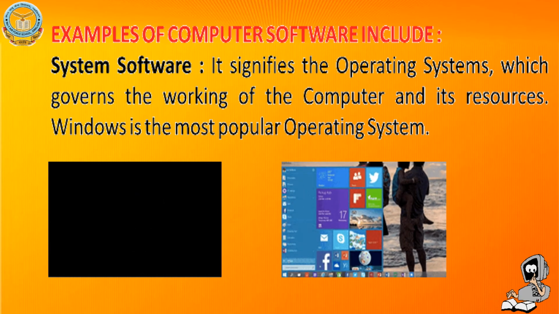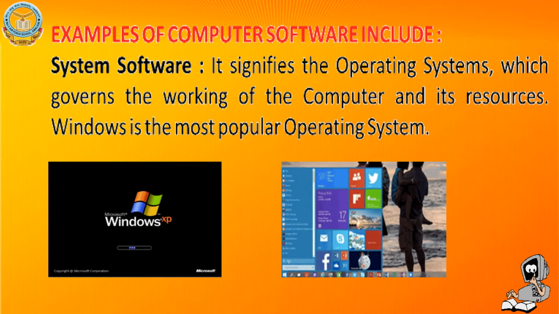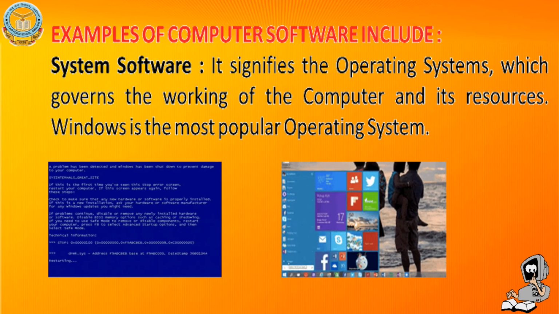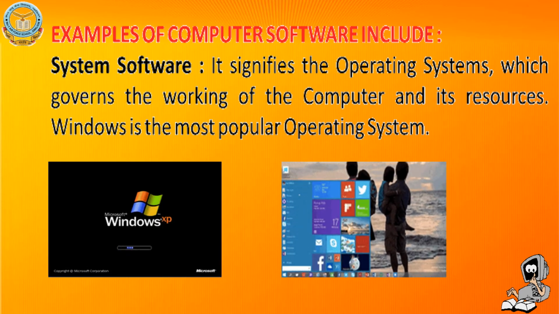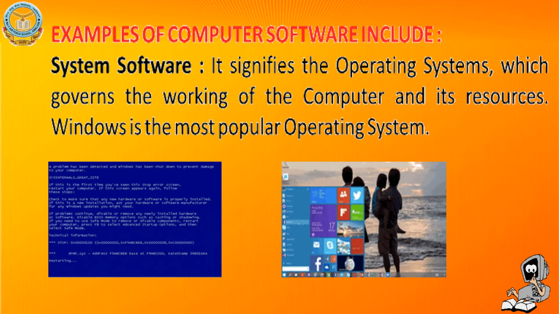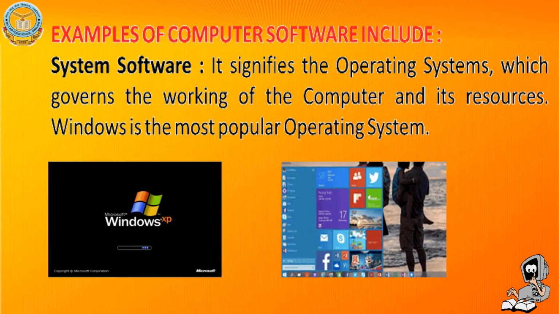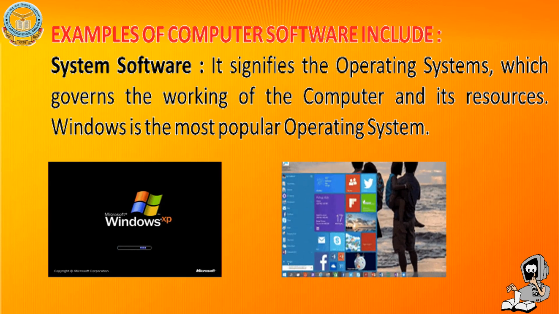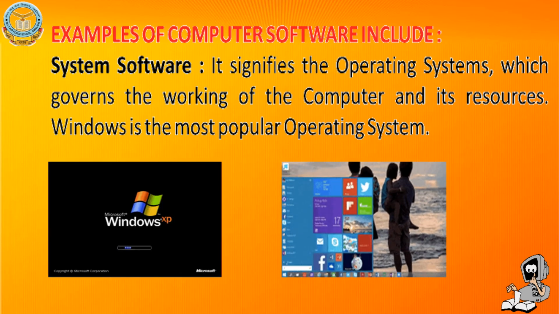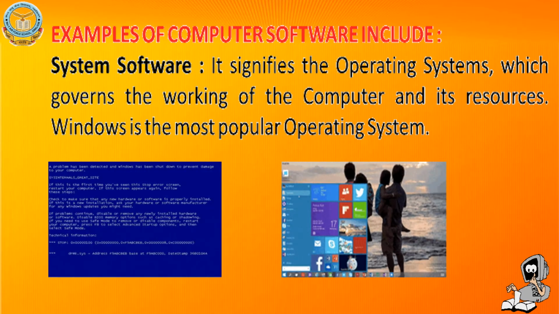As we know, software is of two types, system software and application software. So now we understand about the system software. System software is designed in such a way that it can control and work with computer hardware.